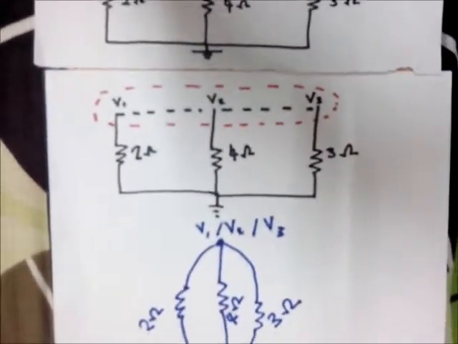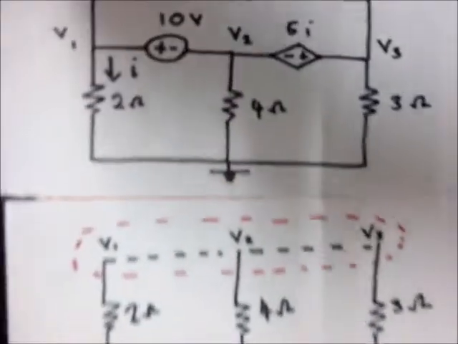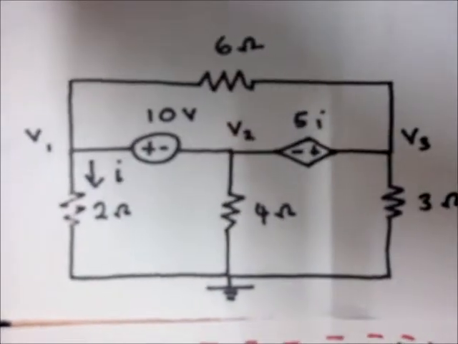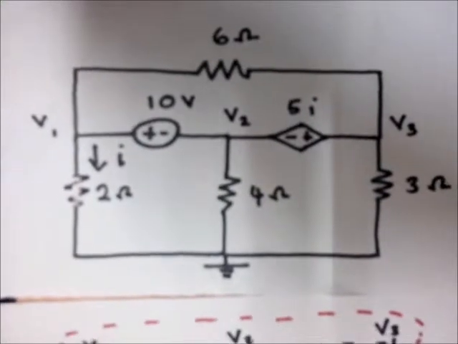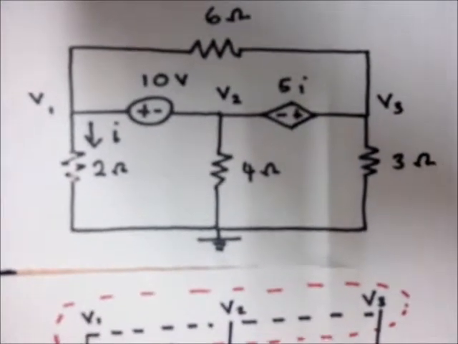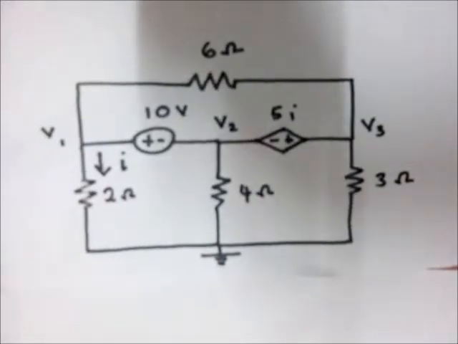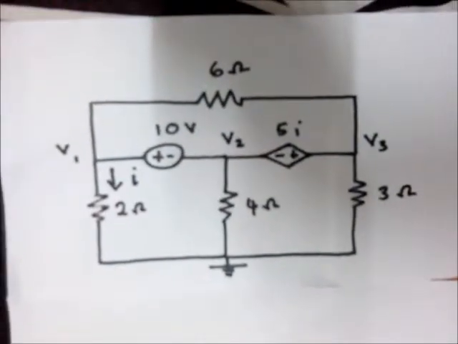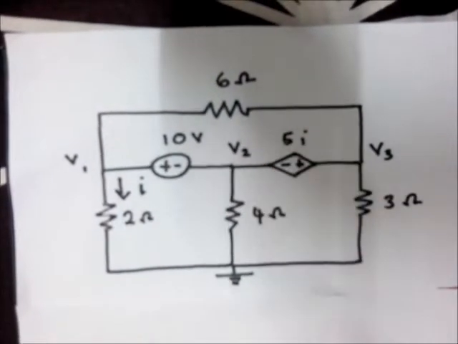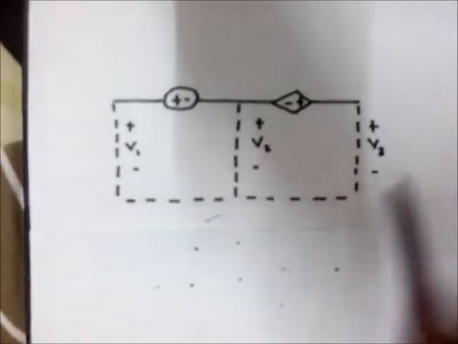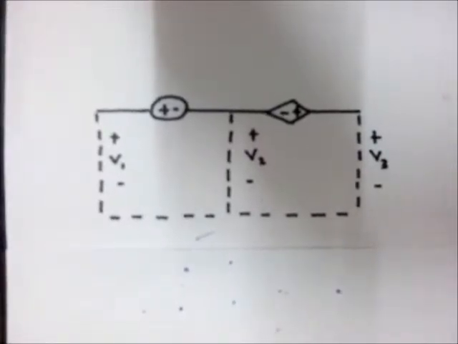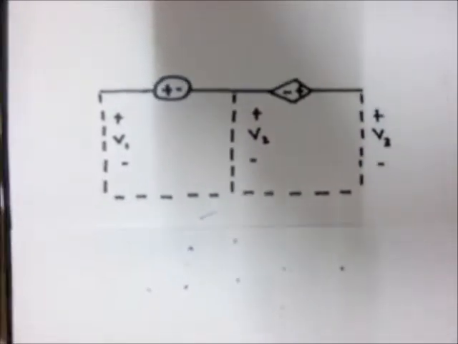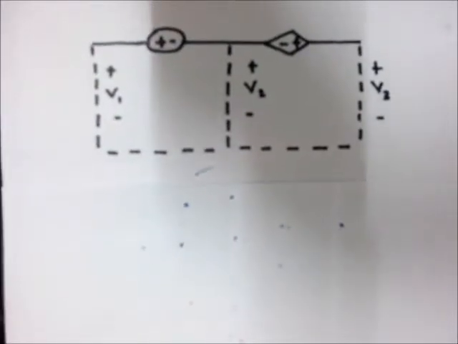The next step, we put the voltage source back to the nodes and apply KVL to the relevant loop. After we put the voltage source back into the circuit, this is the formation of the circuit.